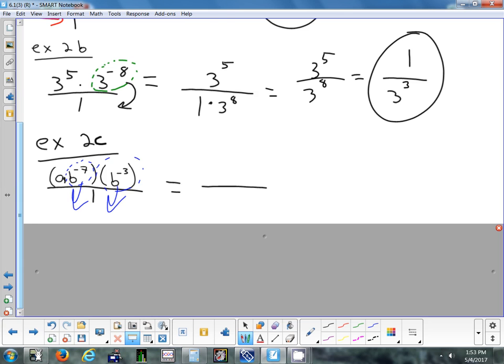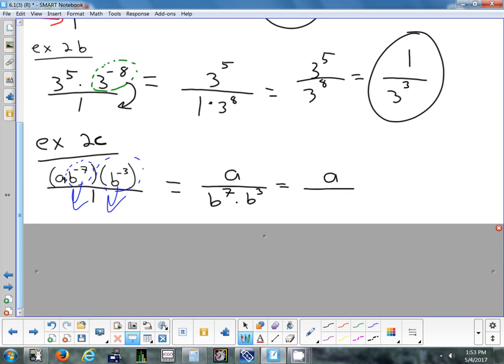Okay, what's going to be left in the top? A. What's going to be in the bottom? First thing. B to the 7th times what? B to the 3rd. And now in the top, there's nothing you can do. It's just an A, there's nothing to combine it with.